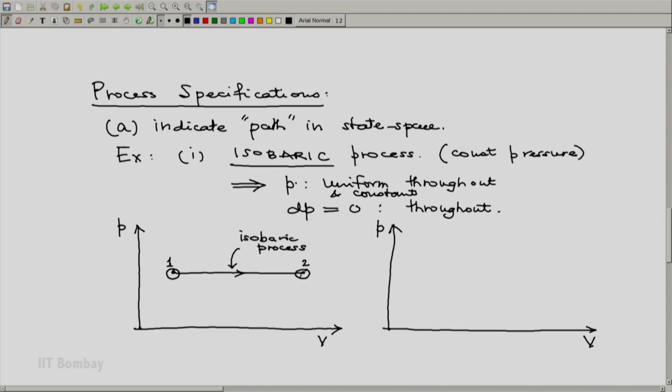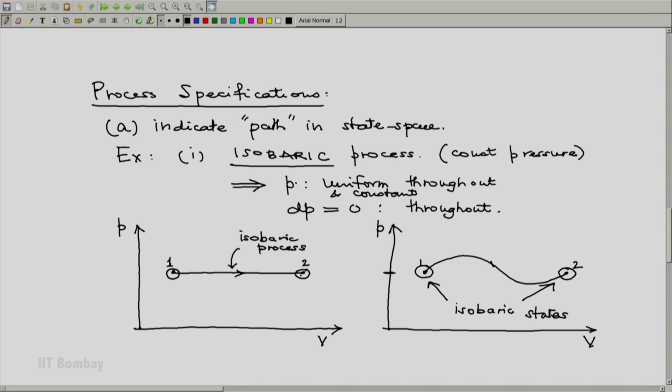But here I will now show two states, state 1 and state 2. These two are isobaric states because they have the same pressure. However, I can have a process which goes, say, something like this.